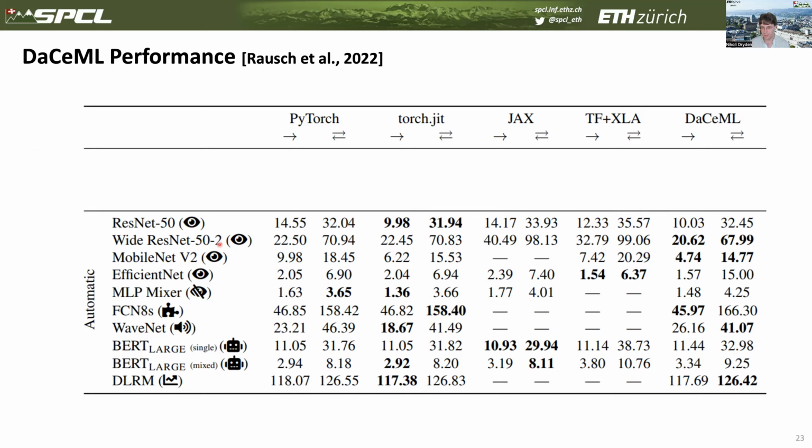Consider wide ResNet 50-2, which is ResNet 50, but roughly you've doubled the number of filters in each of your bottleneck blocks. Naively, you would expect this to take about twice as long to run. However, for some frameworks, it takes significantly more than twice as long. Primarily because, we believe, they've been optimizing specifically for ResNet 50 and are not able to match these optimizations in the case of wide ResNet 50-2.